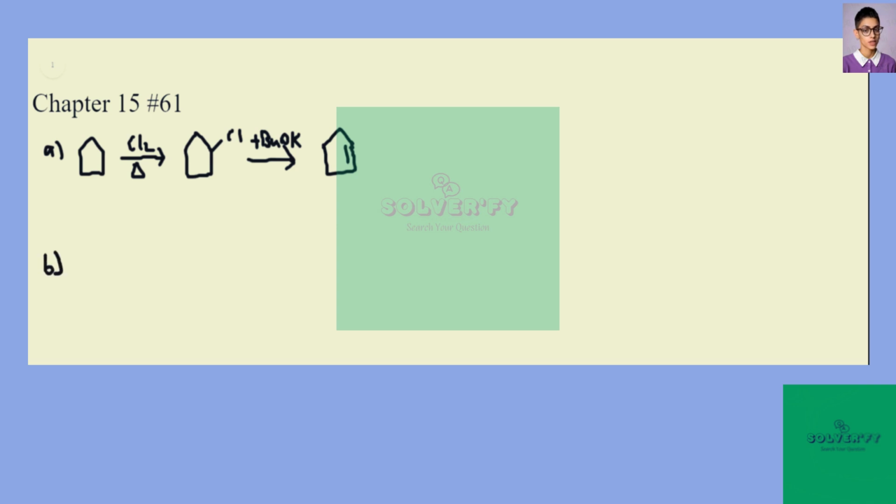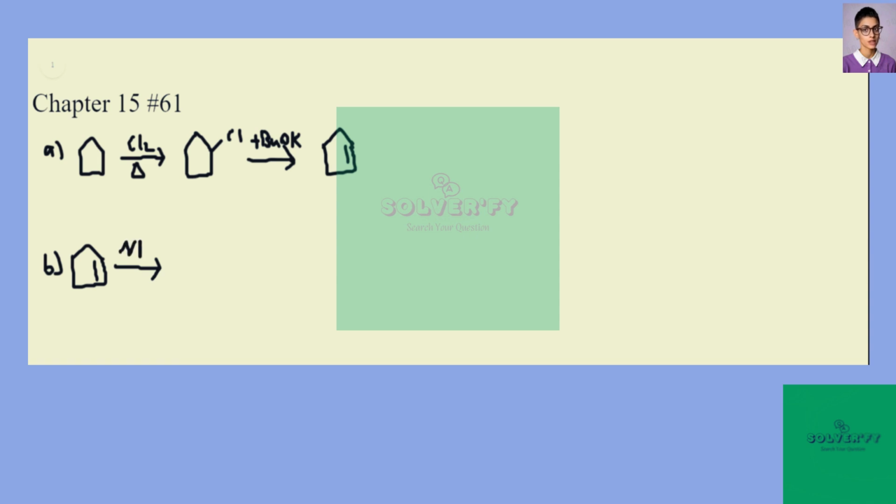Okay, so then for B, we're going to use the product that we made in A as our starting point. To get the product that we want for B, we can do an NBS bromination.